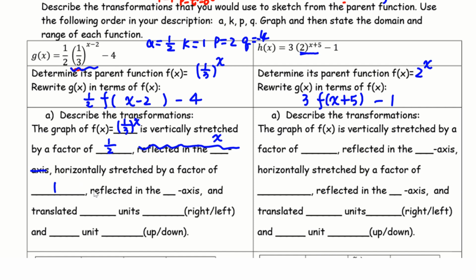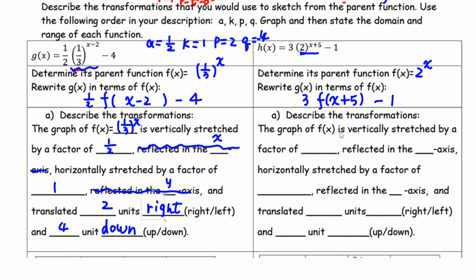And reflected, there's no, not negative, so no reflect, and translated p-value right, left. P is positive, so it's right. 2 units right and 4 units down. So on the blanks, all positive number. If negative, we use reflect or left down to describe the negative.